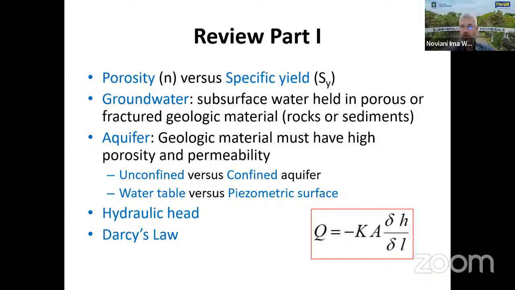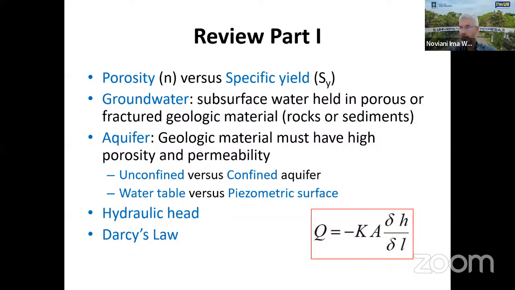We also defined what is groundwater in the first place, and we said that any water held in pores or in fractures or in fractured geological materials like rocks and sediment is called groundwater. And the geologic formation that both has a high porosity and a high permeability, we call it an aquifer.